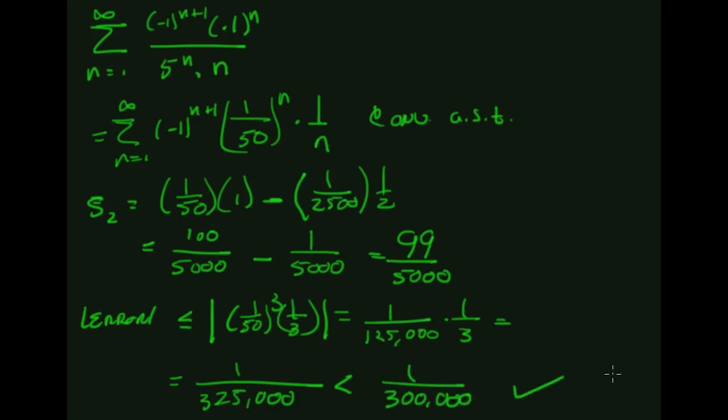So there you go. We have verified it by using the alternating series error bound. We just used the third term when we estimated using the first two. All right, so there you go.